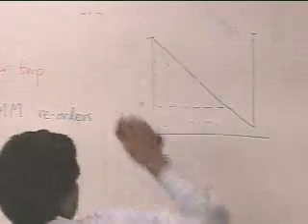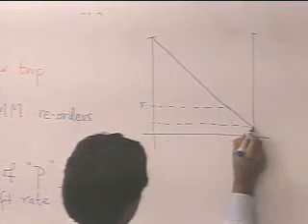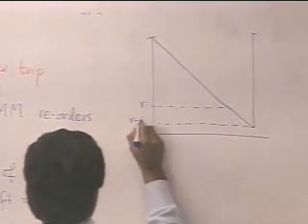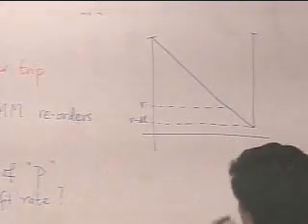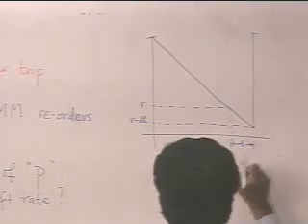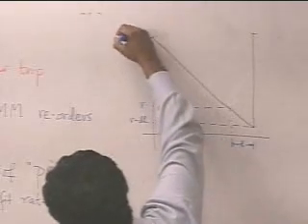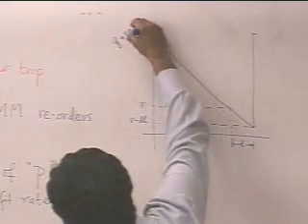So this level here is R minus DL, the total demand that you see over the 1 week period. This is L. At this point, he orders an amount Q, so this point here becomes Q plus R minus DL.